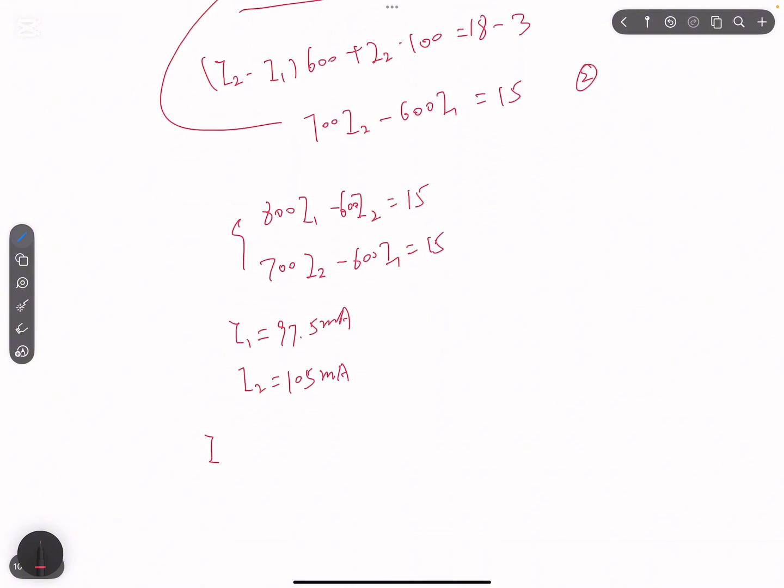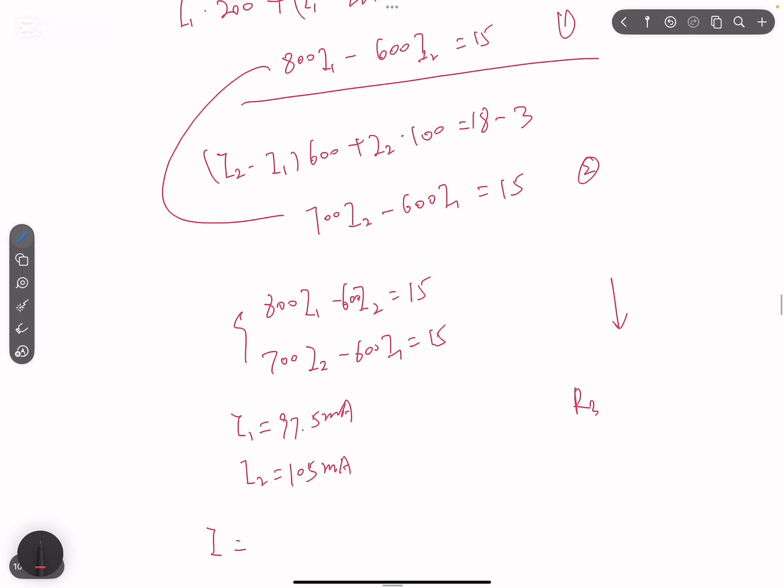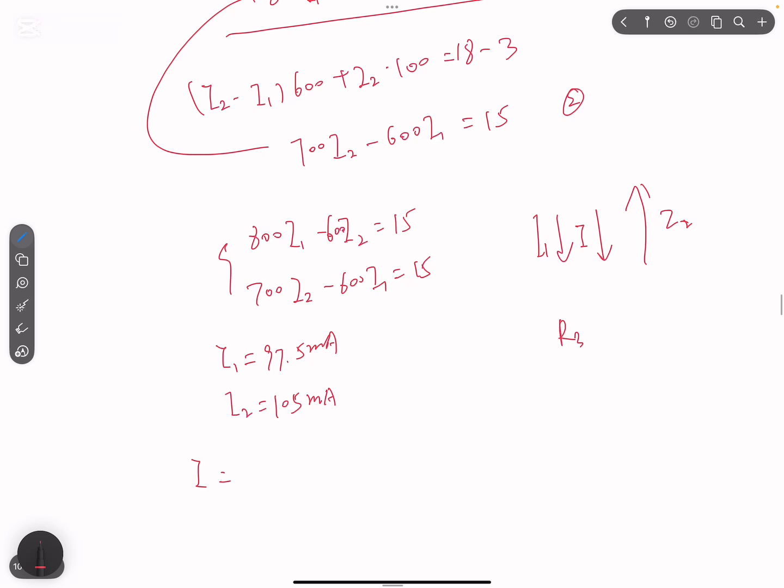For the total current I through R3, I is in this direction, I1 is also this direction, but I2 is this direction. So I will be I1 minus I2, because the I direction is the same as I1, so we put I1 first and minus I2. That will be 97.5 milliamps minus 105 milliamps, which gives us minus 7.5 milliamps.